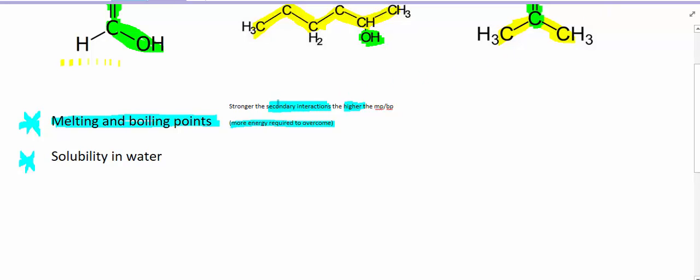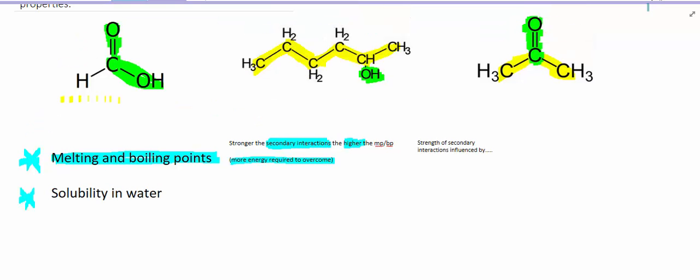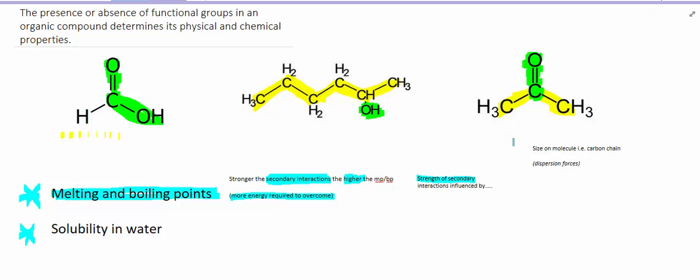Now, in terms of the strengths of secondary interactions, there are a couple things to consider. So the strength of secondary interactions is going to be influenced by two key aspects. So the first of these is the size of the molecule. And in organic compounds, what we're looking at when we're talking about the size of the molecule is generally the carbon chain and the length of it.